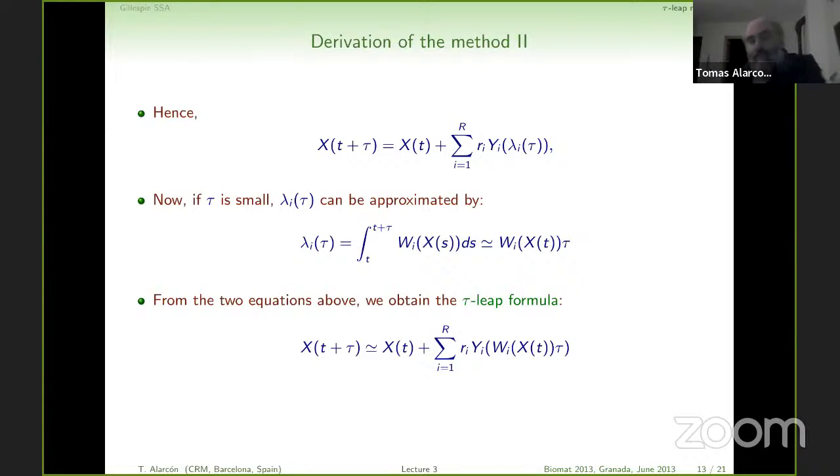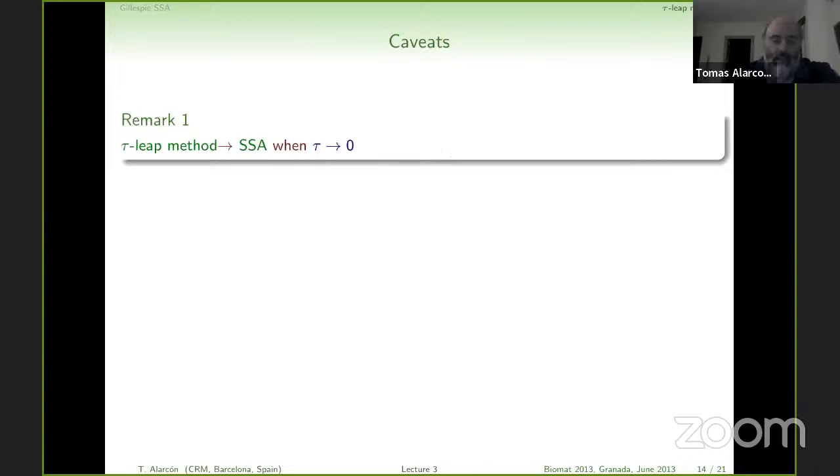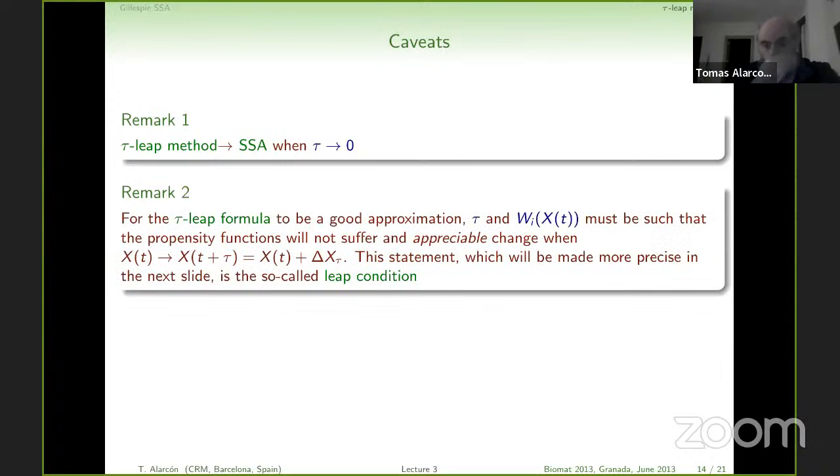And this is kind of the meat of the method. The first thing is that the tau-leap method converges to the Gillespie SSA algorithm if you choose a tau that is very small. If you choose a tau that is very small, then you're probably not gaining very much by doing this.